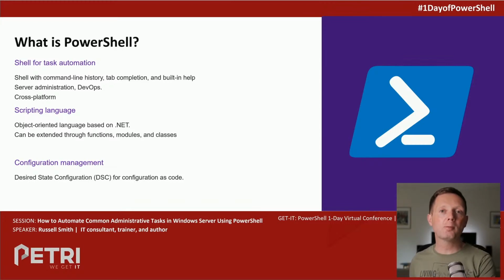It's cross-platform, so it works on Windows, Linux, and Mac OS. And it's also a very powerful scripting language. Now, PowerShell is the first ever shell to be object-oriented. And basically what that means is the information that commands output are formatted in a structured way.